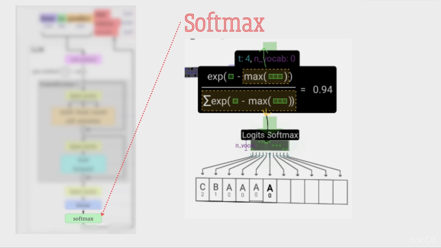And all the values, of course, will be between 0 and 1. But in our case, in the GPT model, it is not simply divided by the sum. No, we actually take each input value and first exponentiate it. So this has the effect of making all the values positive.